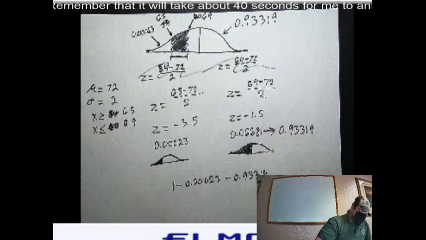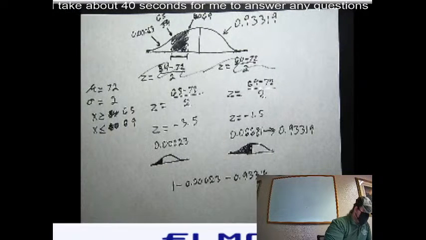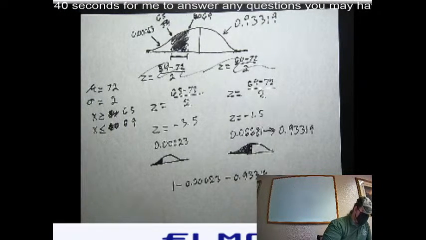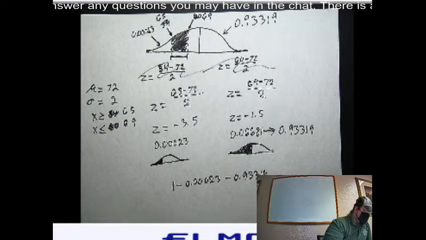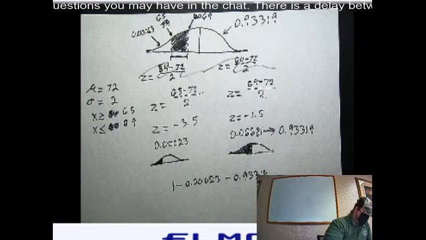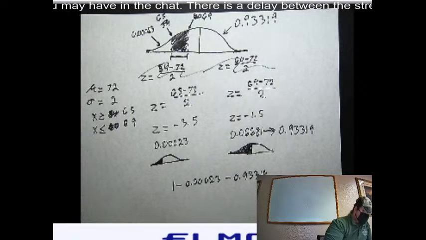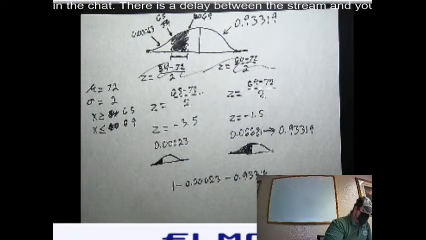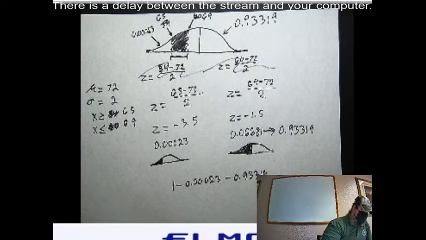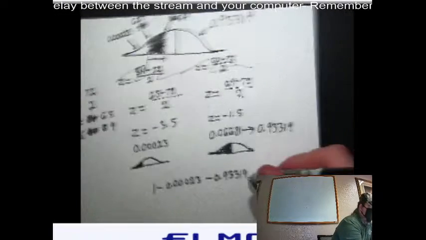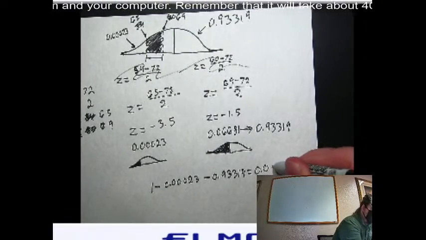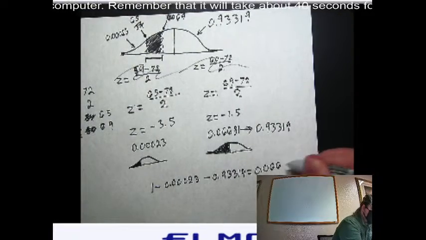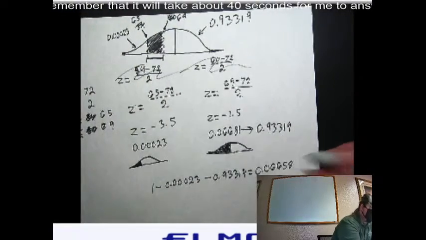So 1 minus 0.00023, and then minus another 0.93319. And so this gives us 0.06658.